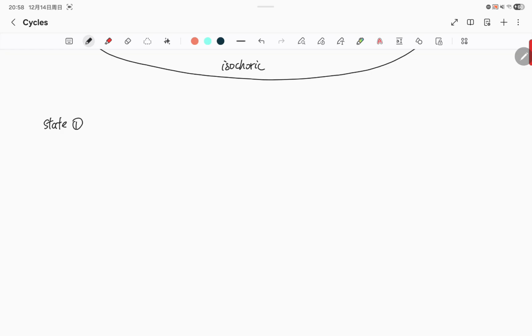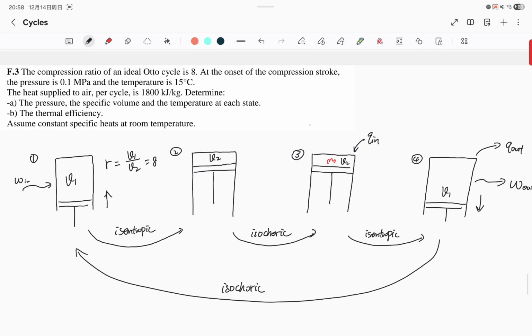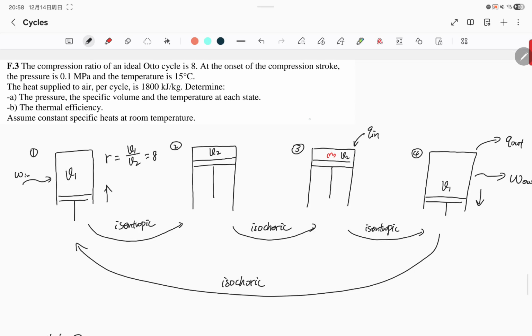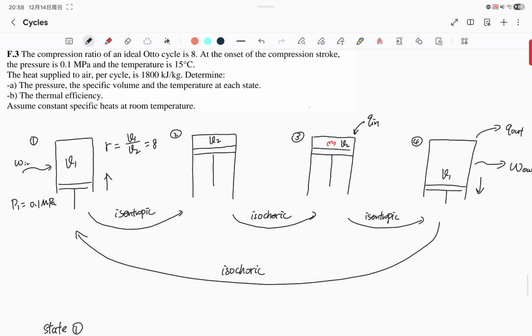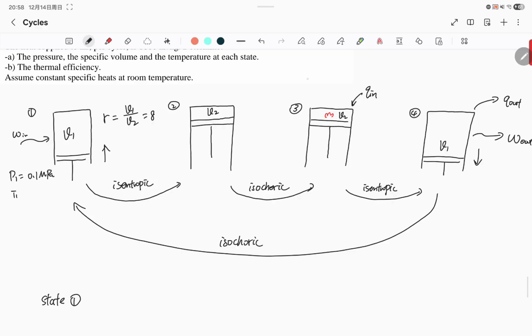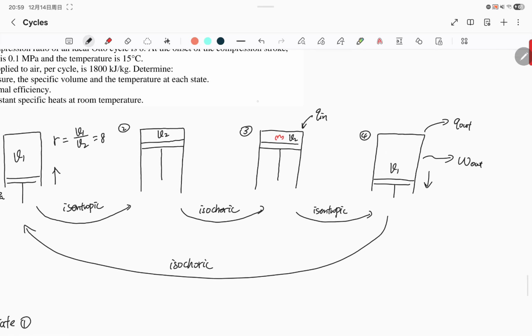Now we can start solving this problem. Again, we can use isentropic relationships. We can use the ideal gas law because we're dealing with ideal gas. State 1, let's see what we have. Compression ratio is 8. P1 is 0.1 megapascal. And T1 is 15 degrees C. Heat supplied to air per cycle, that's Q in.